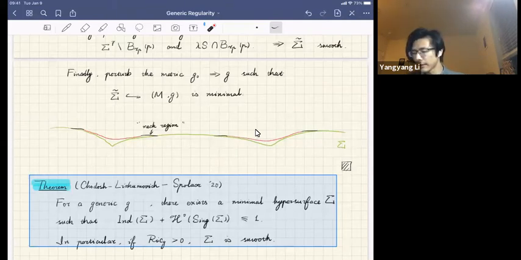So the index of sigma should always be at least 1. In other words, the second term should be 0 all the time, so sigma is smooth. In other words, if the Ricci curvature is positive, then the ambient manifold admits a smooth minimal hypersurface.